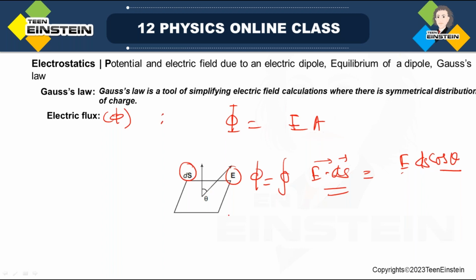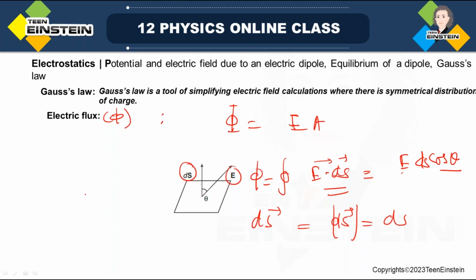How is it possible that I can get an area vector? Yes, area is a vector. Its magnitude is the area, it will have a value dS, but what is the normal direction? So how do you find the direction of dS? This is the angle between them. You know how to take the direction of an area.